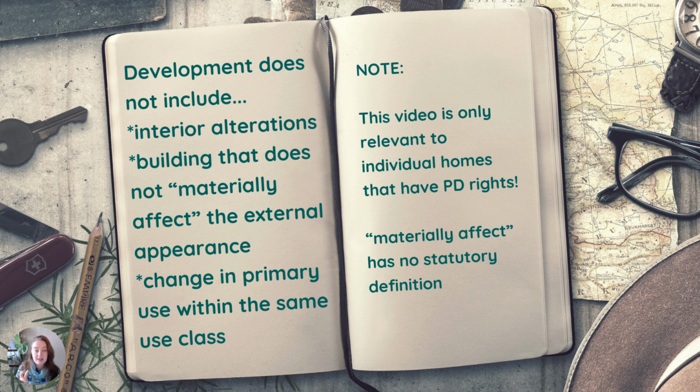And this term, materially affect, has no statutory definition. That means that unlike development, which, okay, has a definition, but as you can see, a fairly loose one, materially affect does not have a statutory definition. And therefore, it's one of those grey areas.